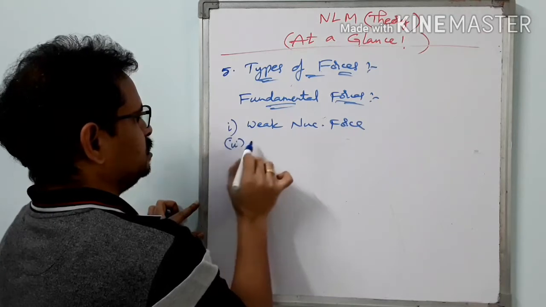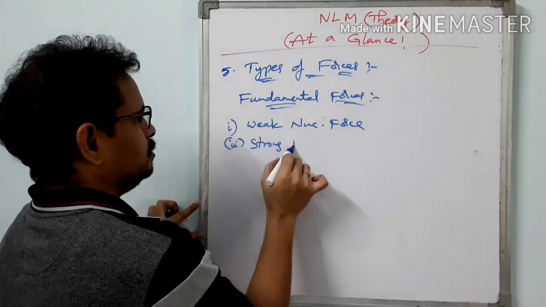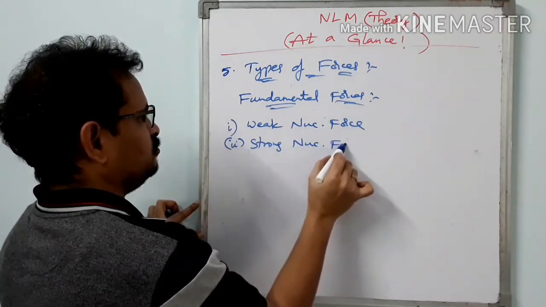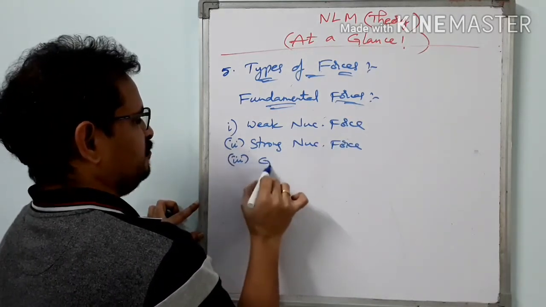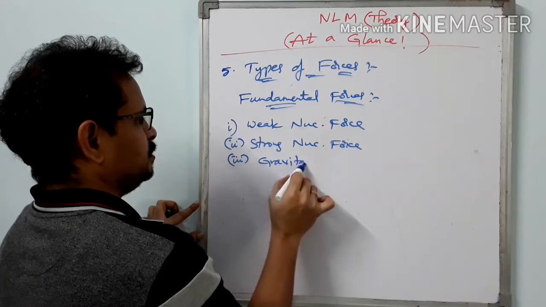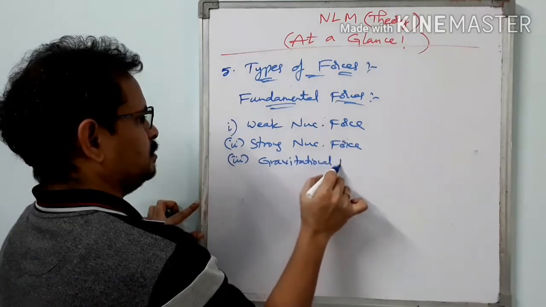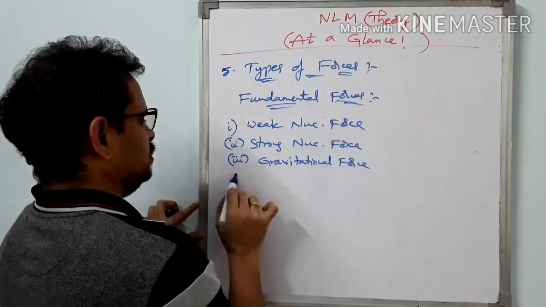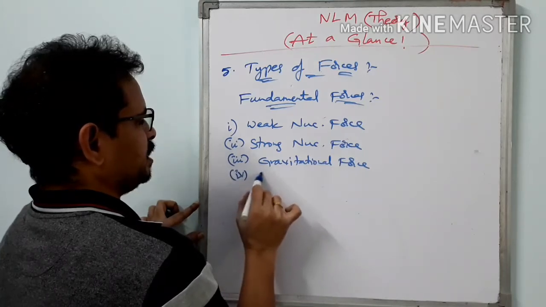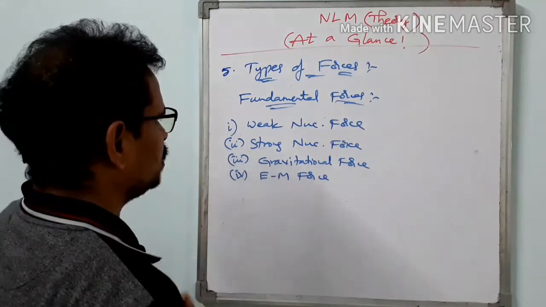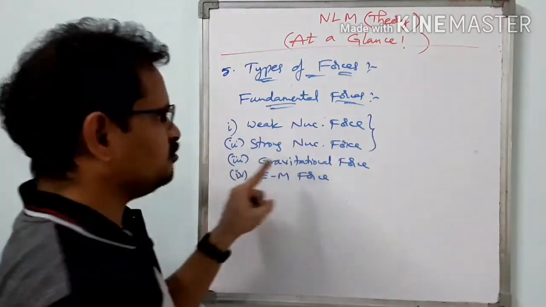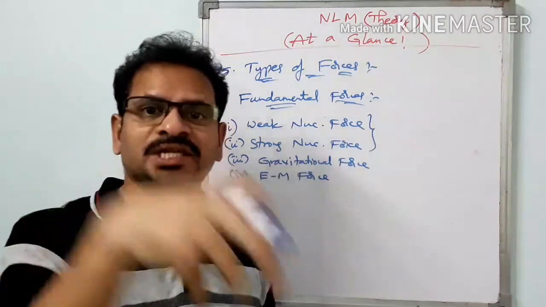Number 2 is strong nuclear force. Number 3 is gravitational force. Number 4, electromagnetic force. The weak and strong nuclear forces are present within the nucleus.